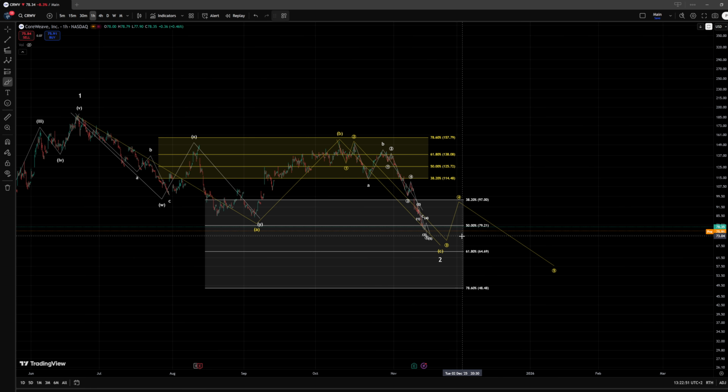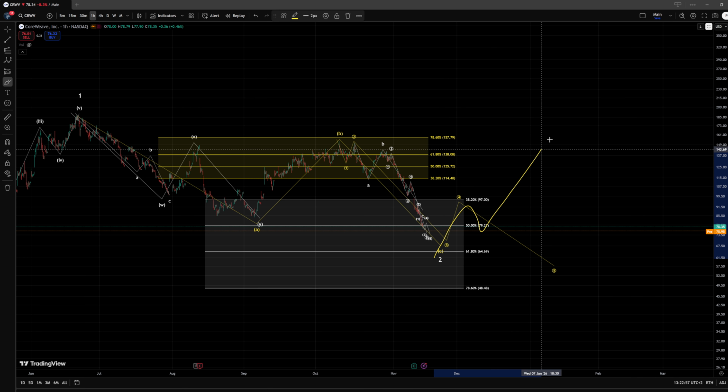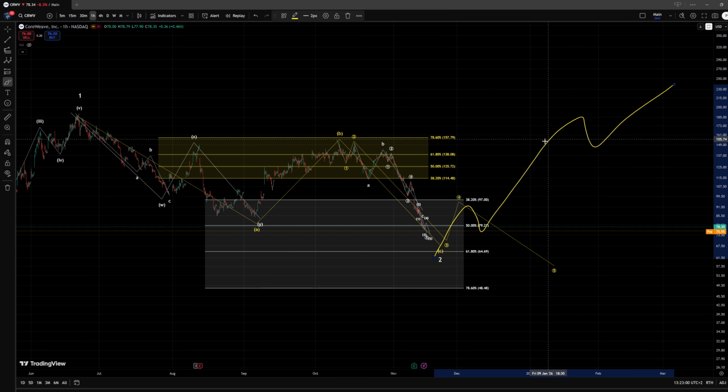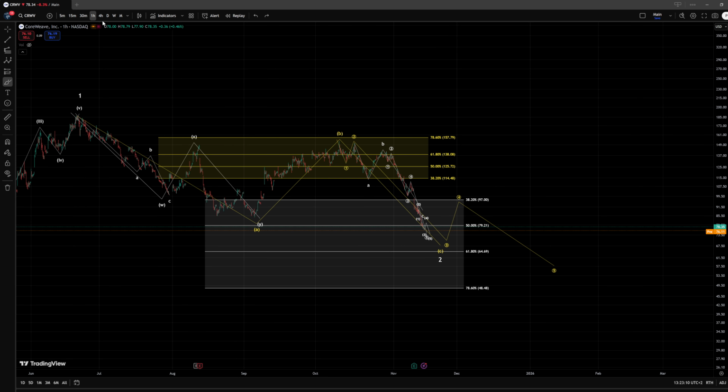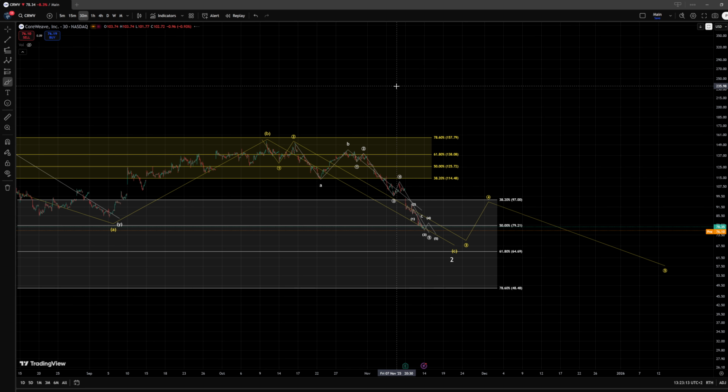Now, that doesn't mean we cannot be looking for a larger movement to the upside. We could even form an initial 5-wave move up over a larger time frame, from where we have an additional 1-2 setup within a larger wave 3, and we will be tracking this idea very closely. But from a wider perspective, I am quite cautious.